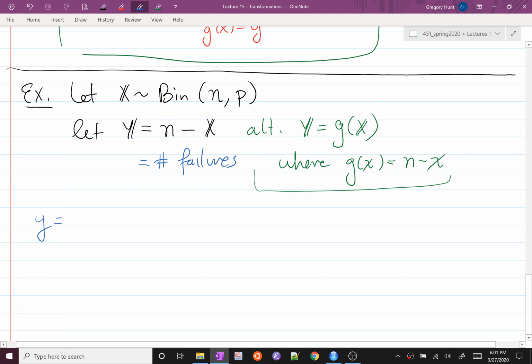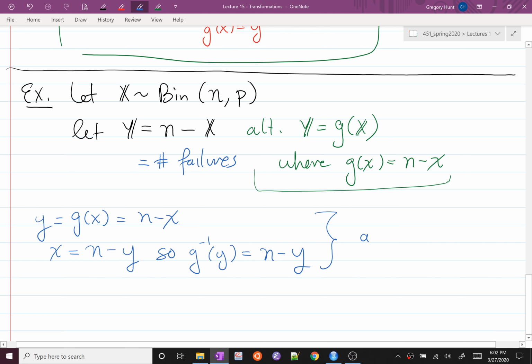So if y is g of x is n minus x, we can solve for x. That tells us x is n minus y. So g inverse of y is just n minus y, right? So this is our g inverse. Okay.